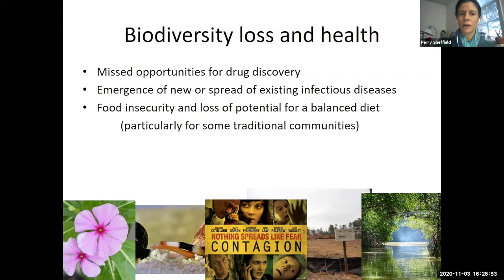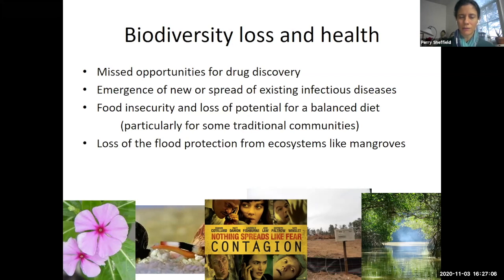And so if those crops are threatened, or if there's micronutrient changes due to changes in carbon dioxide concentrations, for example, that can be a significant threat to malnutrition. The mangroves on the far right, lower right picture, serve a really important role in flood protection.